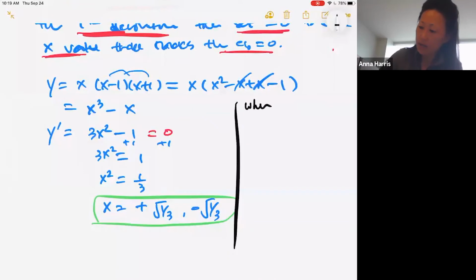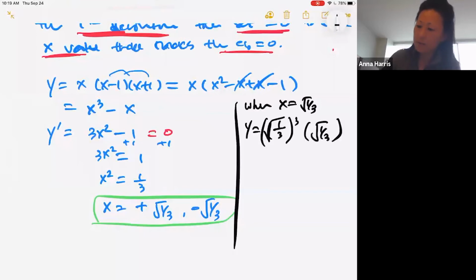So when x is equal to square root of 1/3, I get y equal to the third power minus that.